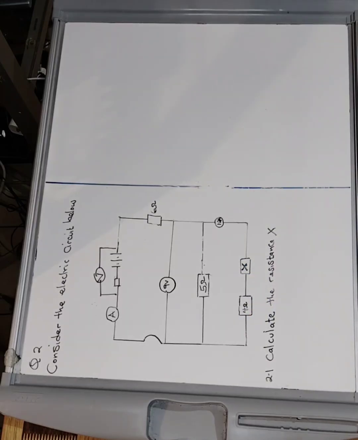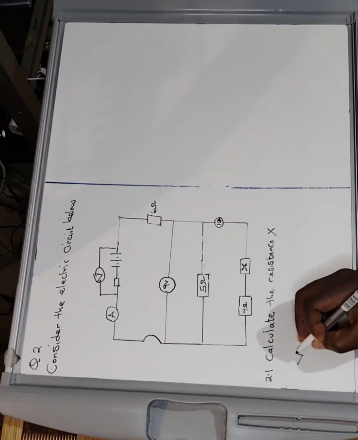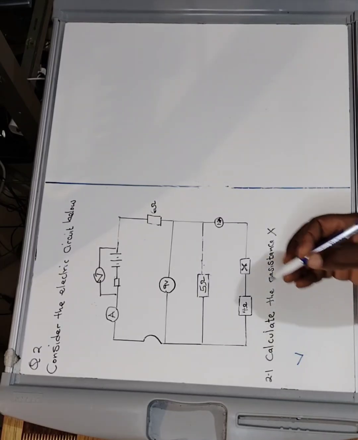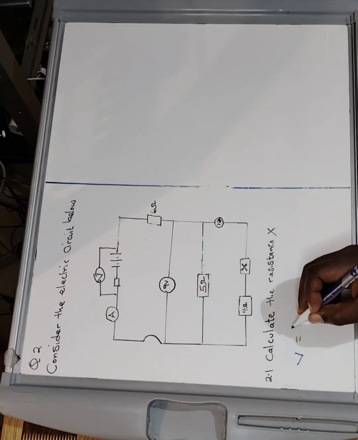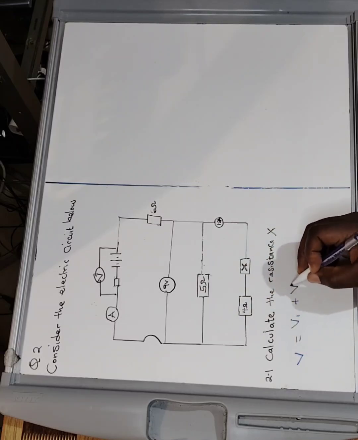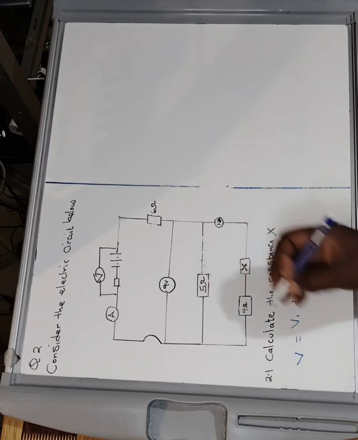And with that, we can come up with the formula. What does the formula say? It says V is equal to V1 plus V2. Our V is 9.